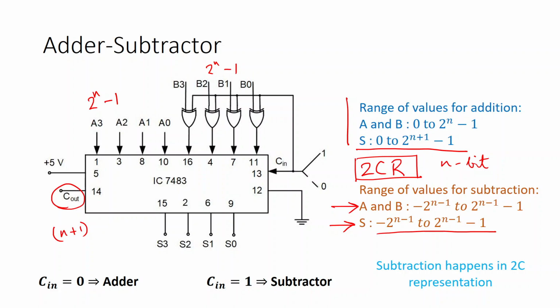So this has to be remembered when you are using this circuit in the subtraction mode. Otherwise you might get wrong results if you have disturbed this range. Sometimes you might get a correct result occasionally by chance, but it is not general that you will get a correct result if you come out of this range. If you stay within this range, you are guaranteed to get a correct result.